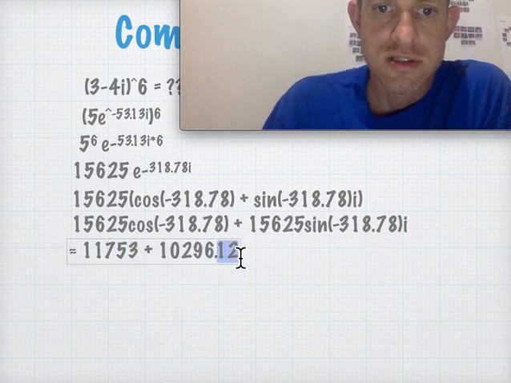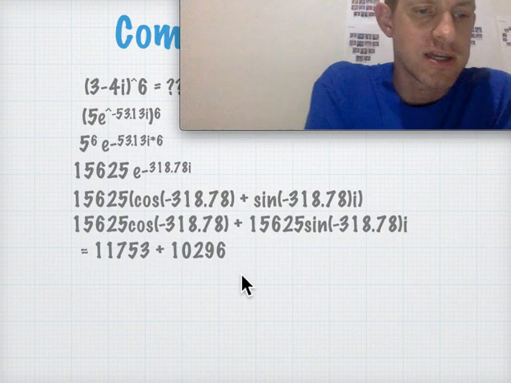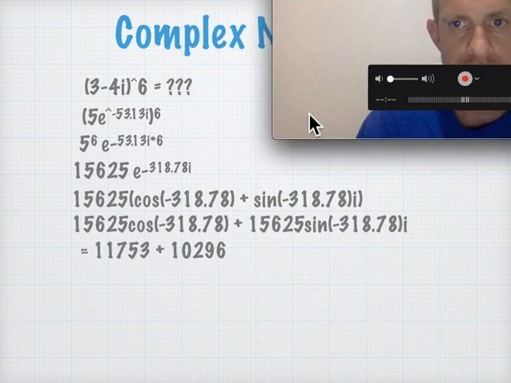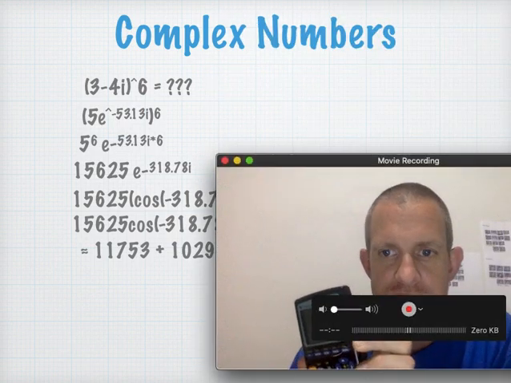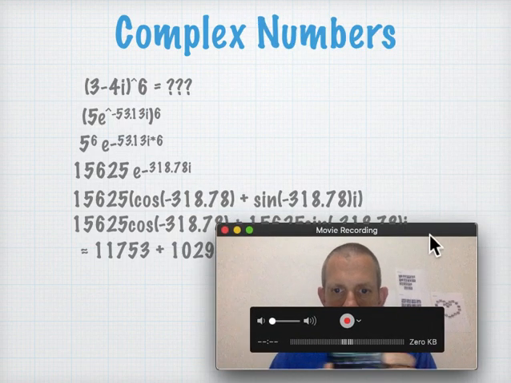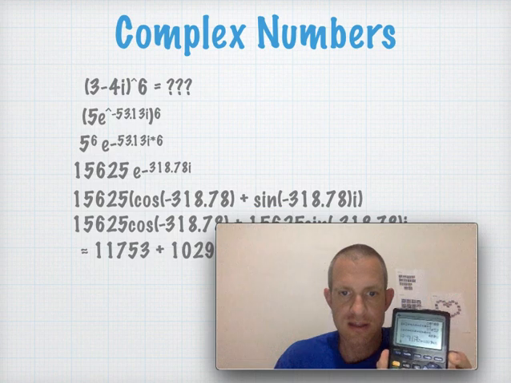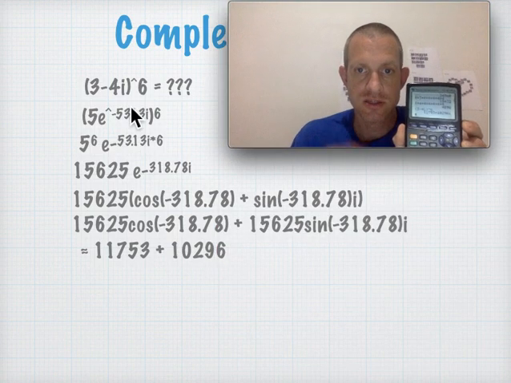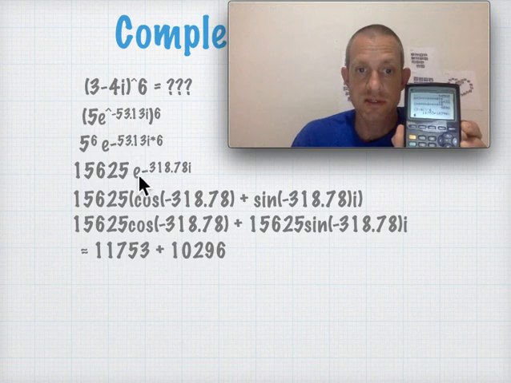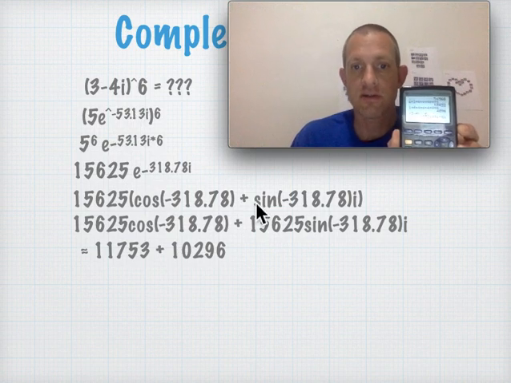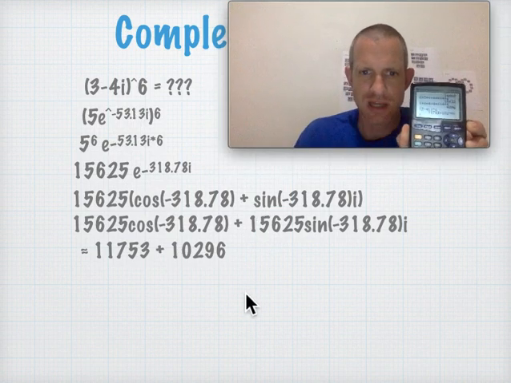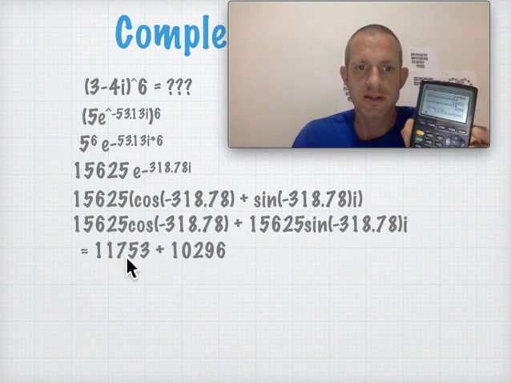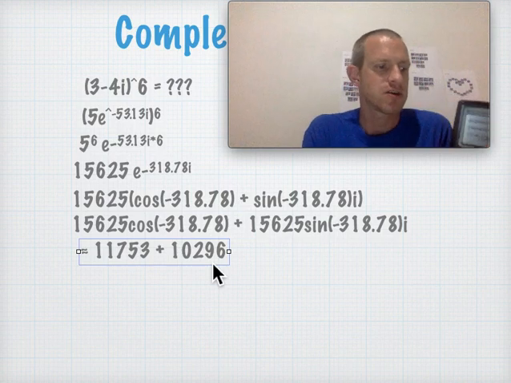Now, what's probably a bit surprising is that this process is what your calculator did when it got the answer. Behind the scenes, it converted it into polar form, did some multiplications like this, and then converted it back. Because it was able to keep track of more digits than we were when we did it by hand, it was able to come up with this answer exactly.